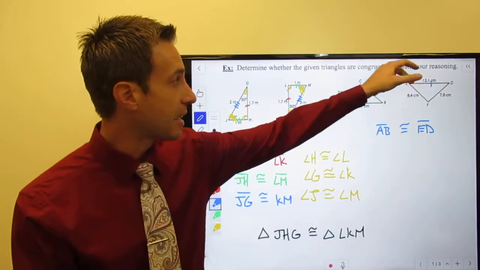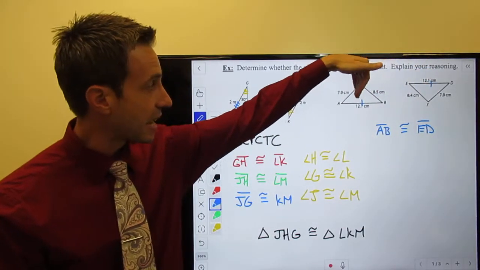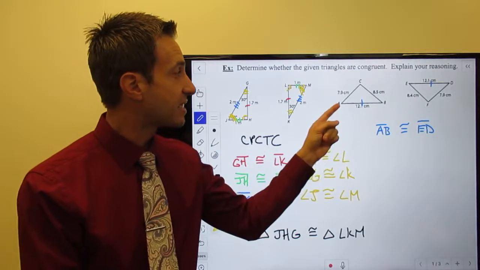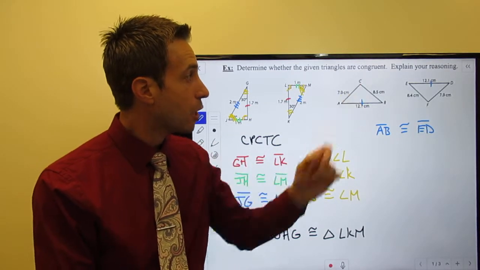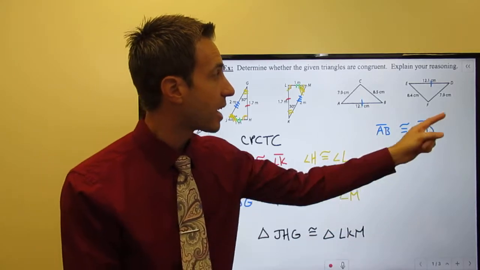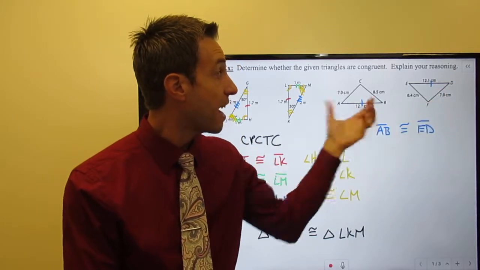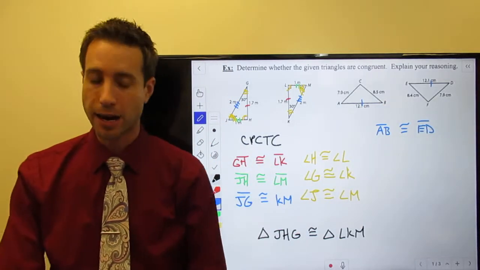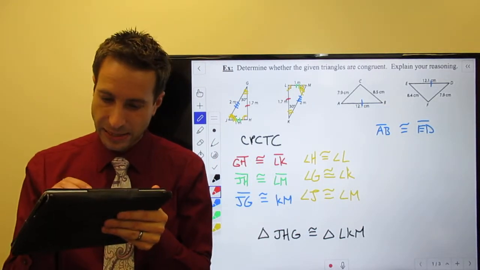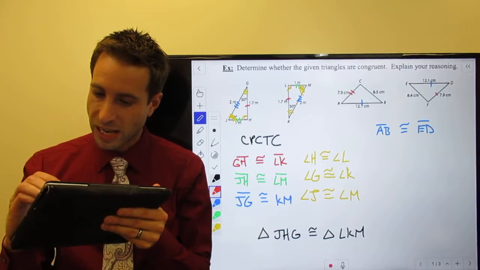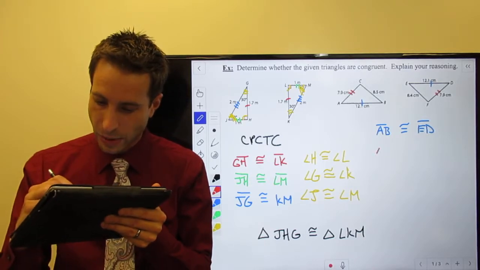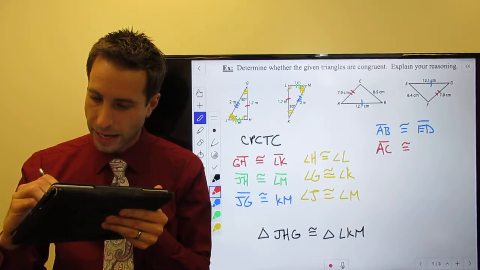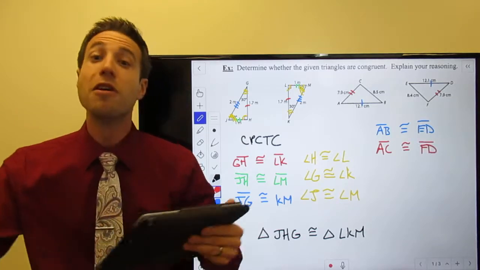Again, if I take that guy and flip it over and slide him right on over here, that means then that side AC would have to be congruent to side DF. And look at that, 7.9, 7.9. Awesome. Those are the exact same measure. These two sides are congruent, and so AC is congruent to side FD.